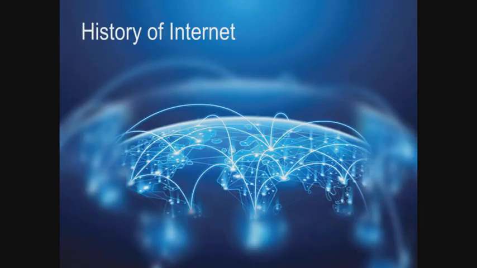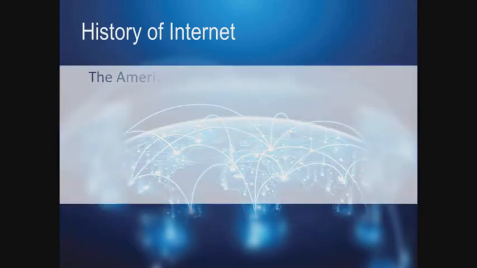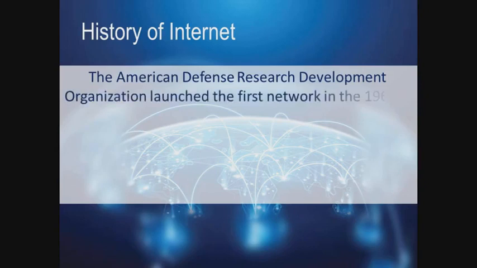Now let's see some history of internet. The American Defense Research Development Organization launched the first network in the 1960s. Here no need to confuse, as I have written 1960s.